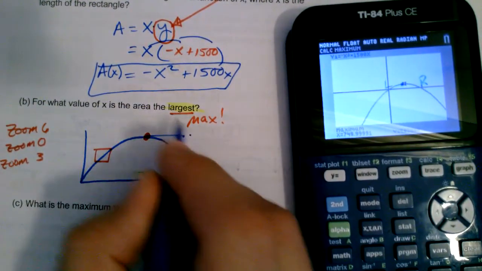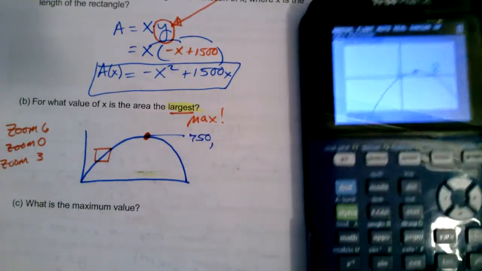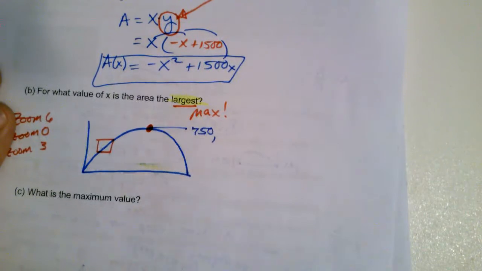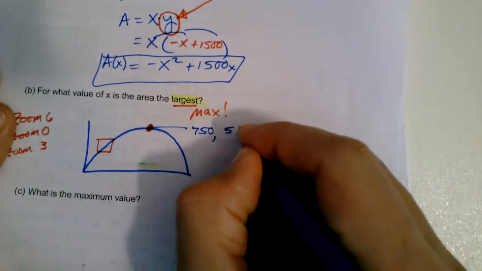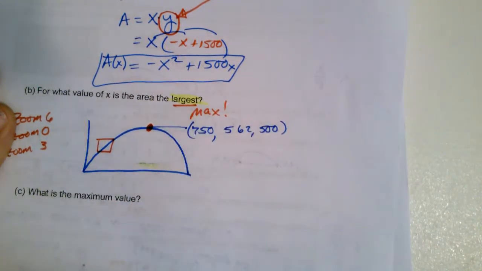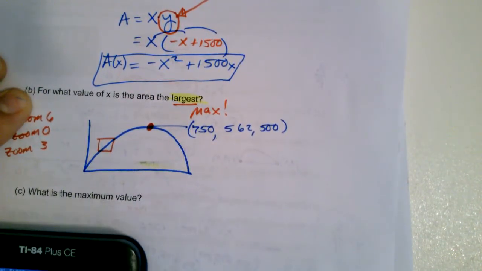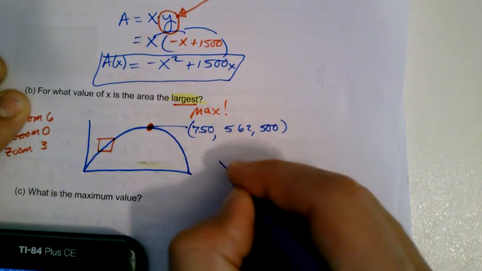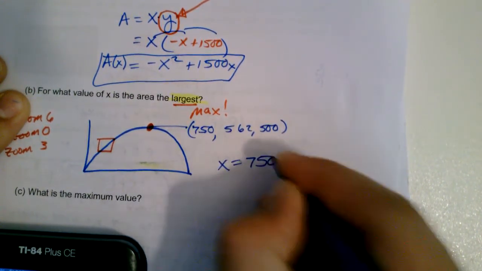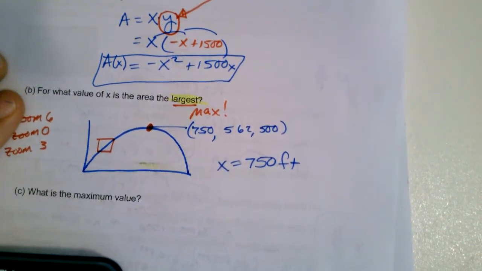So we got, again, 750, and then if you can see, I got 562,500 for y. Okay, so what value of x is the area the largest? Again, that's where I got 750 feet. Okay, what's the maximum value?